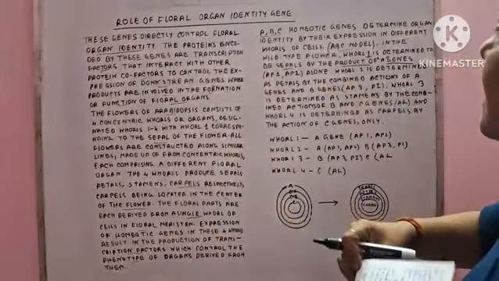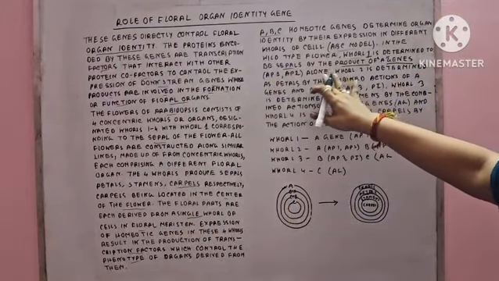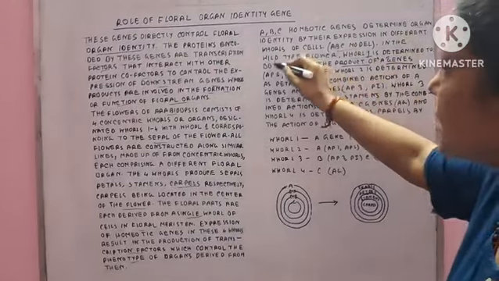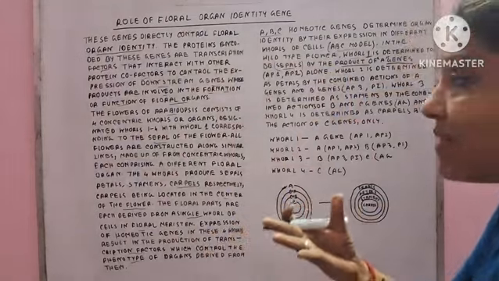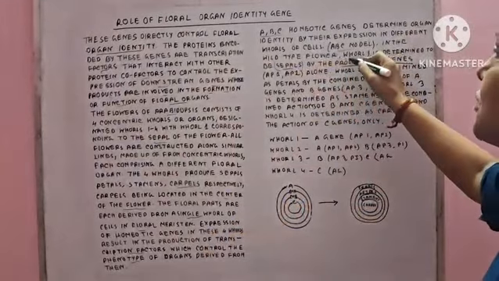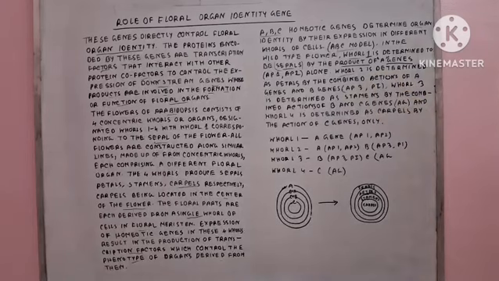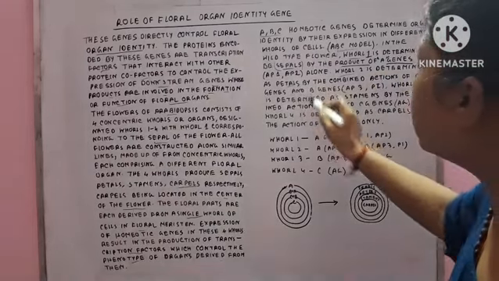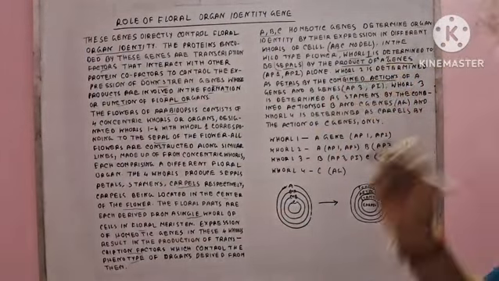So AP1 and AP2 alone are responsible for determining sepal formation, clear? And which whorl is involved in the sepal formation? The first whorl.